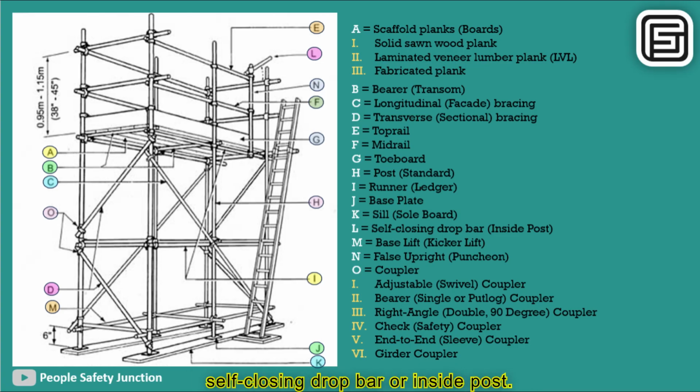L. Self-closing drop bar or inside post. Access openings through working platforms shall be protected by a sturdy guardrail system with a self-closing drop bar at top rail height. M. Base lift or kicker lift. The lowest runners and bearers, base lift, shall be located approximately 6 inches above the scaffold base. N. Falls upright or puncheon, a vertical tube supported at its lower end by another scaffold tube or beam and not by the ground or deck.